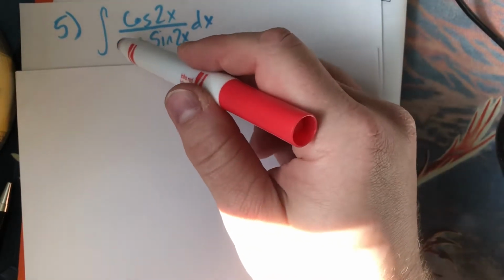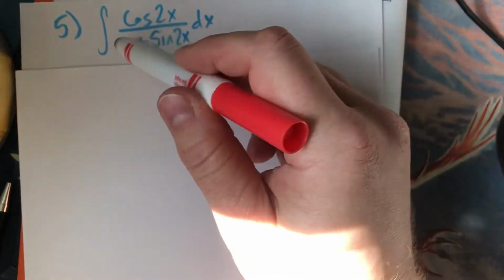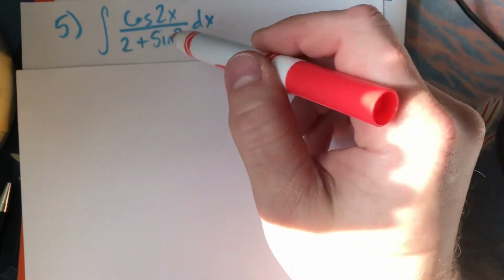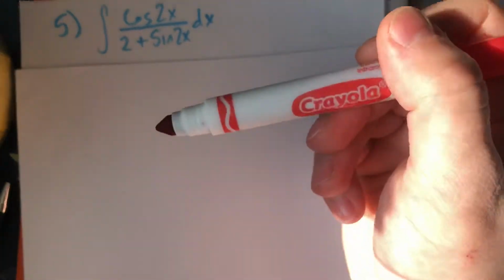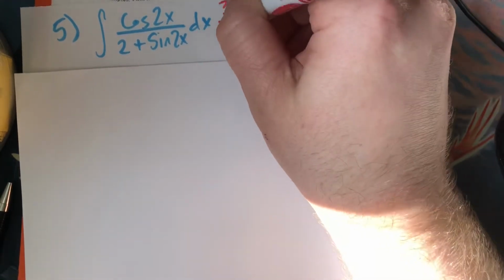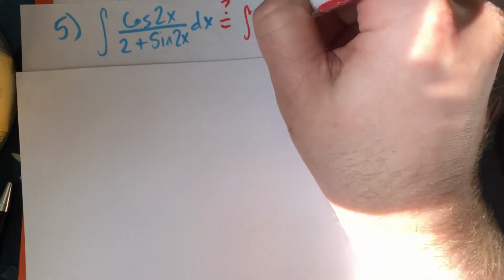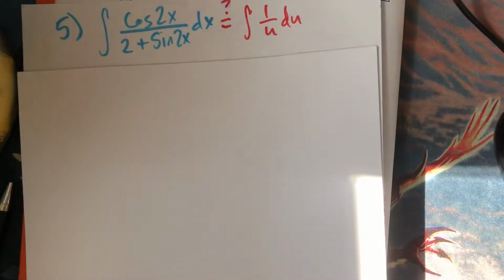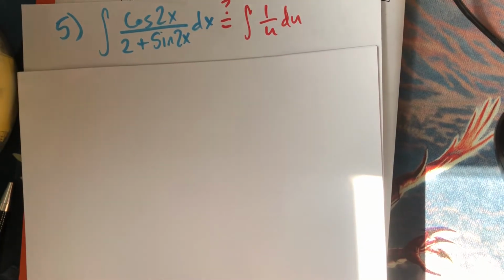It goes away. So when I take the derivative of this whole thing down here, that 2 is irrelevant. And additionally, that'll turn this into a 1 over u. And I know the integral of 1 over u. Because if I could just turn this into 1 over u du, that's an easy integral. That's a baby integral.